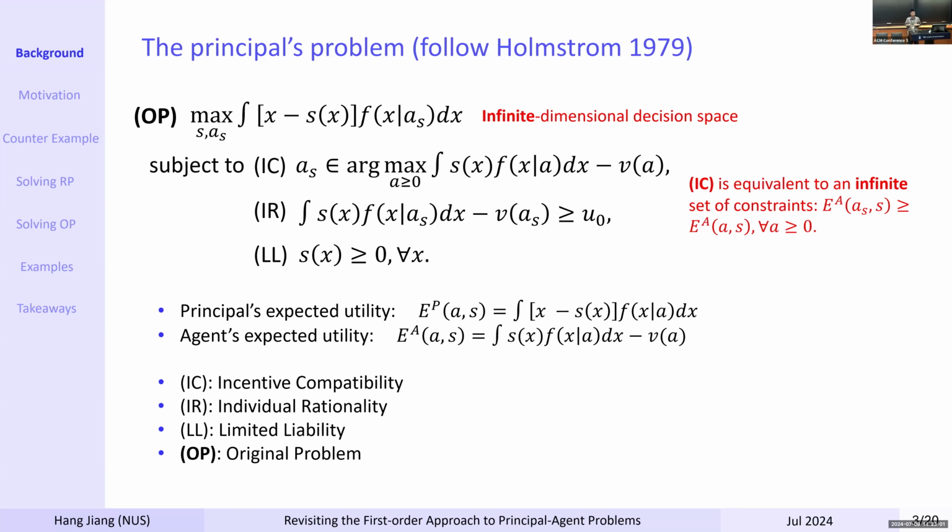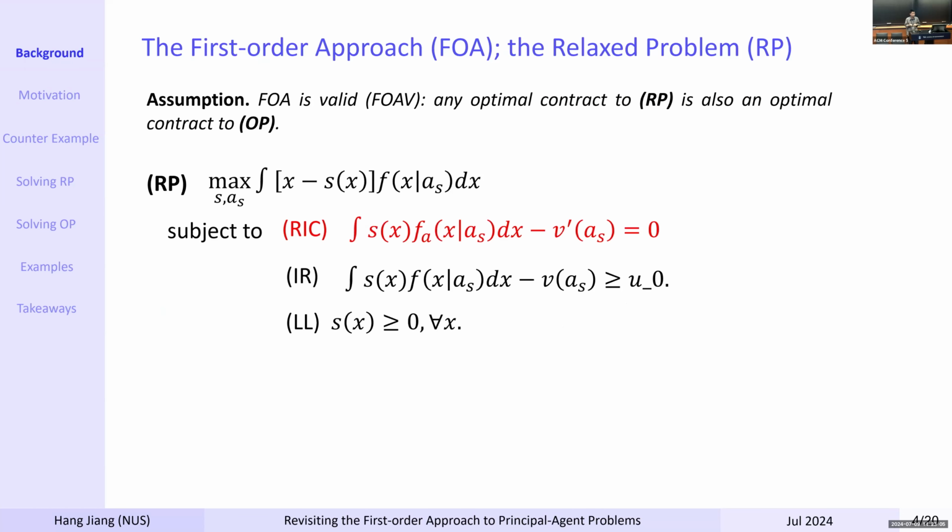To handle these challenges, the literature usually uses the first order approach. That is, it induces a relaxed problem. In the relaxed problem, the IC constraint is replaced with an RIC constraint, a relaxed version of the IC constraint.